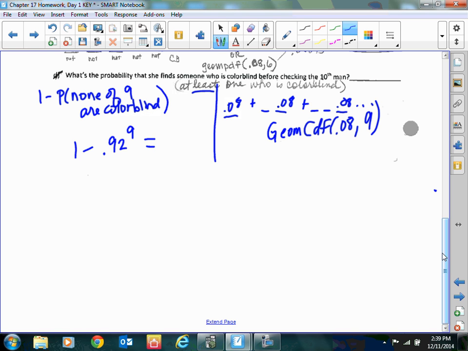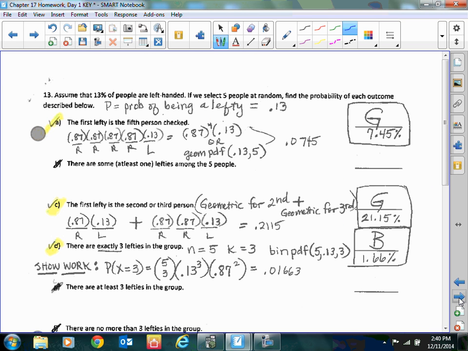These 2 answers come out to be the same probability. Either one of those ways, you can think of it that way. They both are essentially, at least one of them is colorblind amongst the first 9. All right, let's finish this thing out.